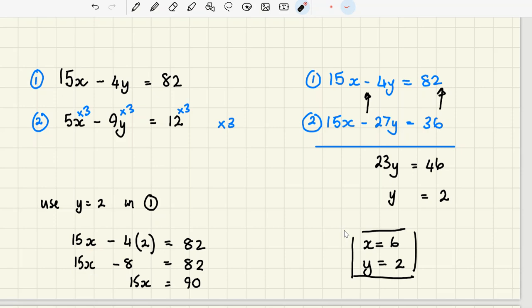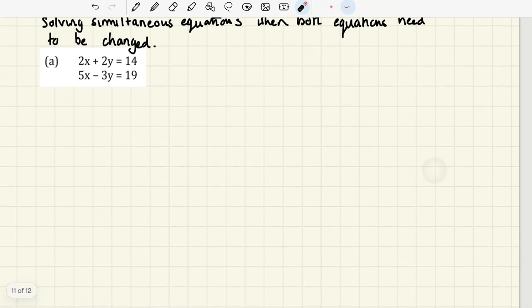Okay? So what we are now on is a situation where when you look at it, there's no x's that are the same, and there's no y's that are the same, and you can't multiply 3 to make 2 nice and easily, and you can't multiply 2 to make 3.